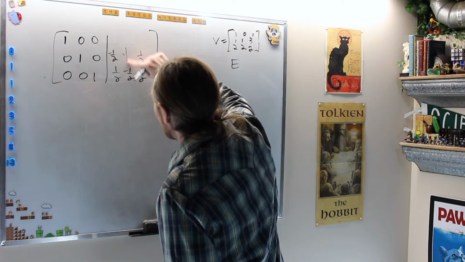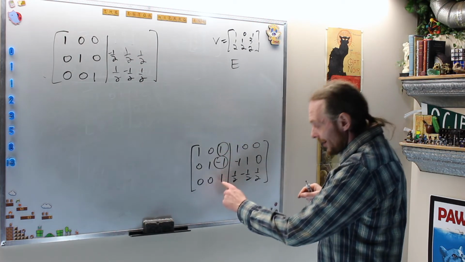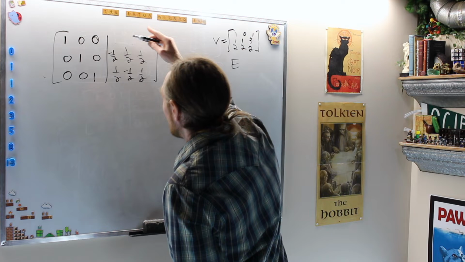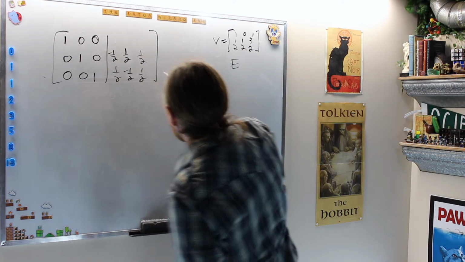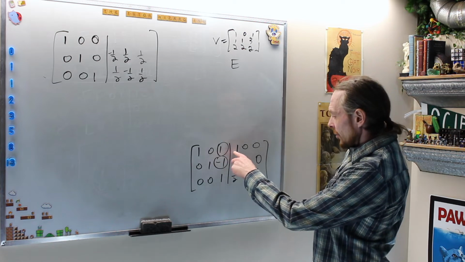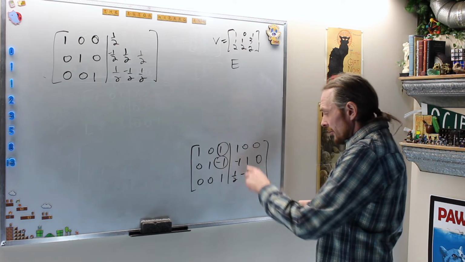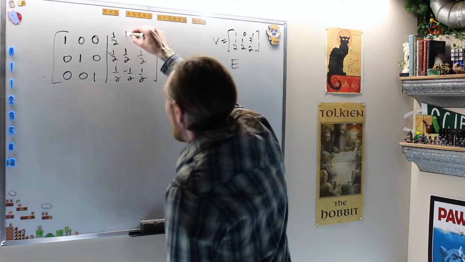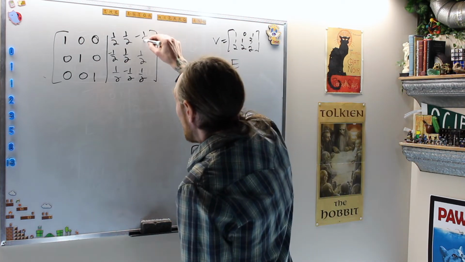So we get 1 half everywhere, it looks like. Now we're doing subtraction. 1 minus 1 is 0. Why does that not look like a 1 half? Then I get 1 minus 1 half is 1 half. 0 minus minus 1 half is 1 half. And 0 minus 1 half is minus 1 half.